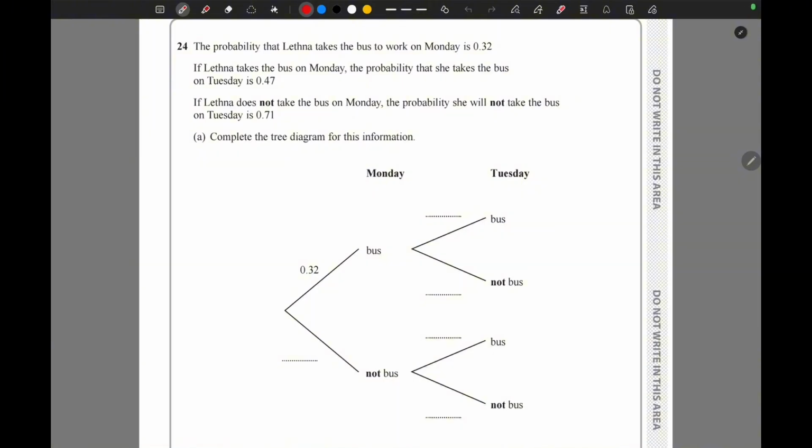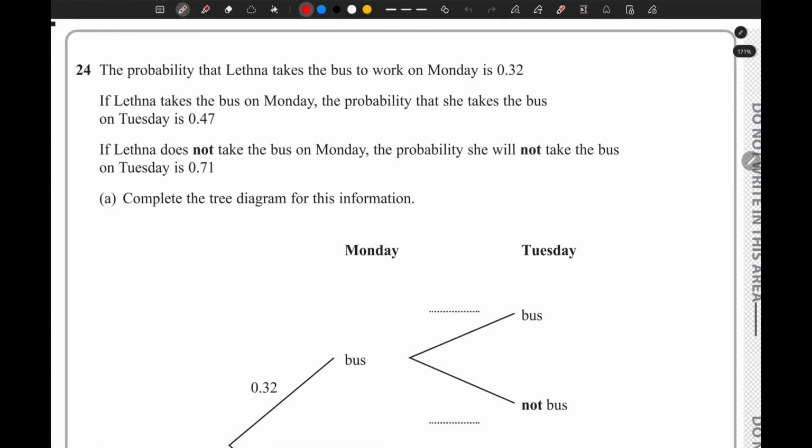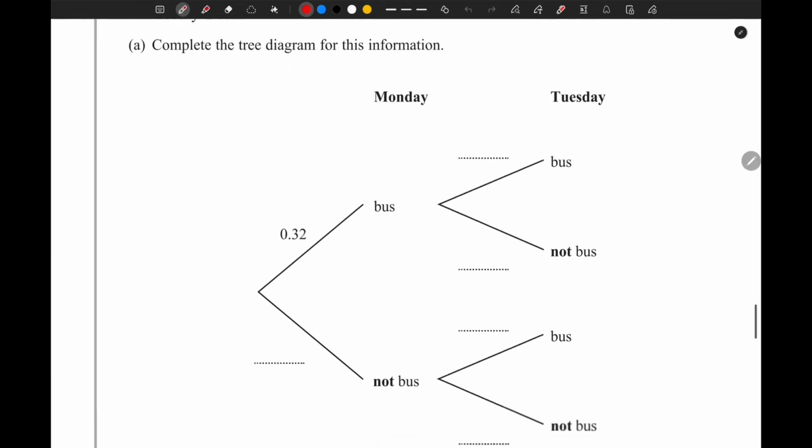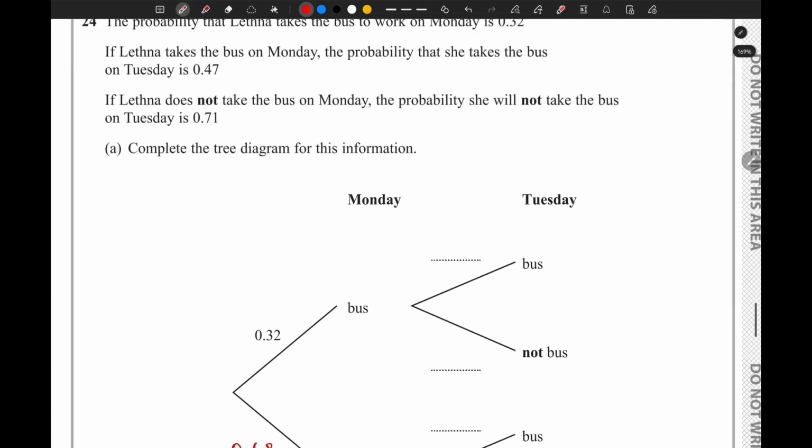Now moving on to the next question. The probability that Lethna takes the bus to work on Monday is 0.32. So this is 0.32. Now if we subtract 0.32 from 1, I will get the probability of this branch, which is 0.68. Alright.